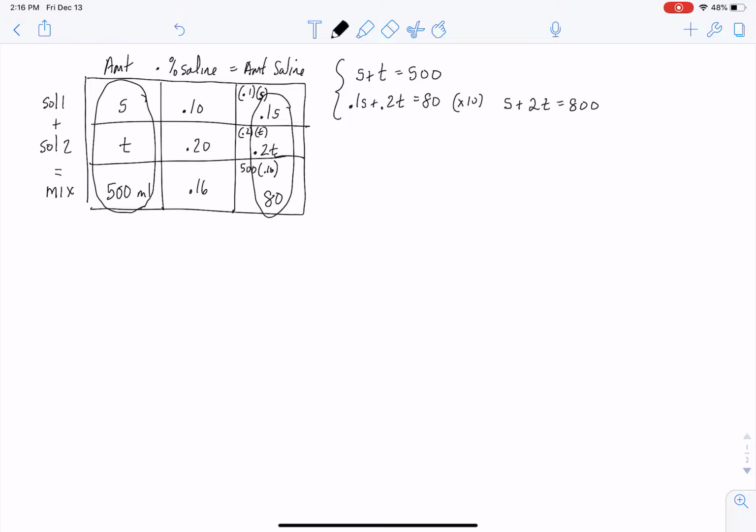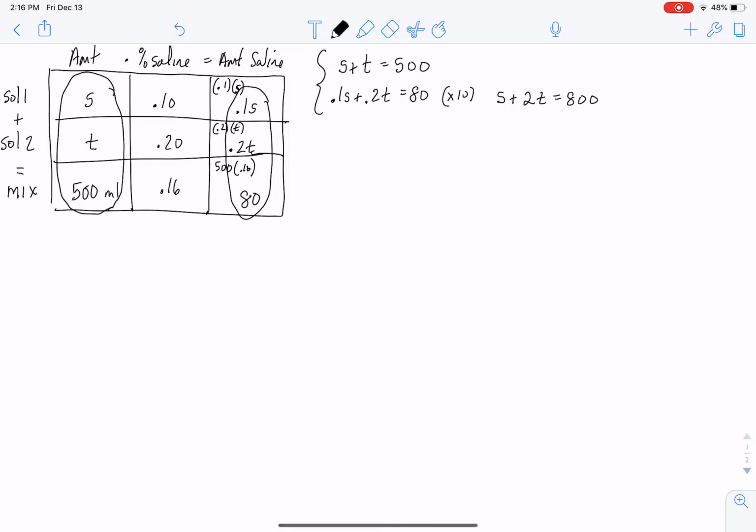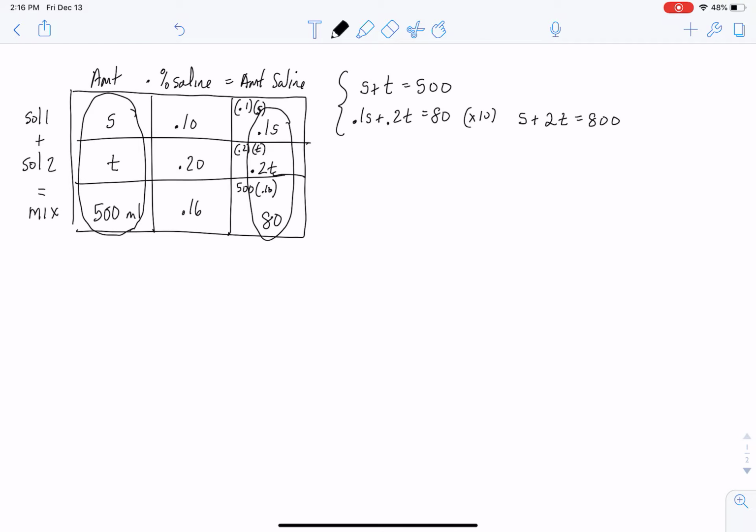And now the top equation I'm going to multiply by -1, and I get negative S minus T equals -500. So there's my 2 equations, and I'll use elimination. Negative S and S is 0, negative T and 2T is T, and -500 and 800 is 300.